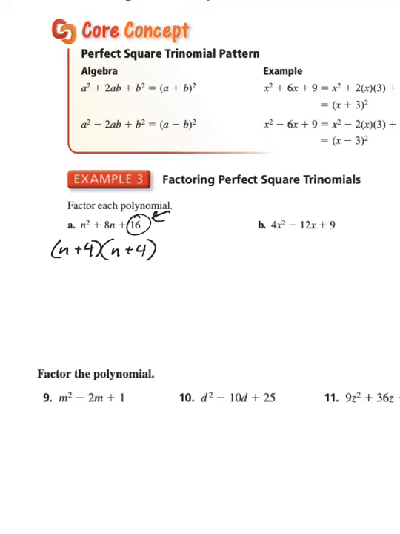Okay, again, these are going to be trinomial squares, so in other words, it's going to be the same number twice, which makes it a lot easier to factor. So in this case, if it's going to be the same number twice, we're going to make this 2x and then make this 2x.